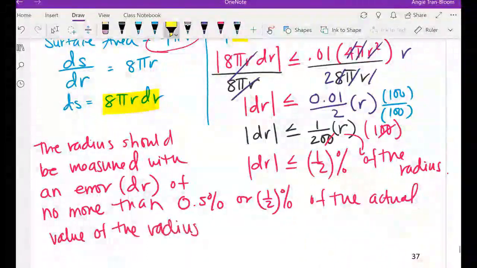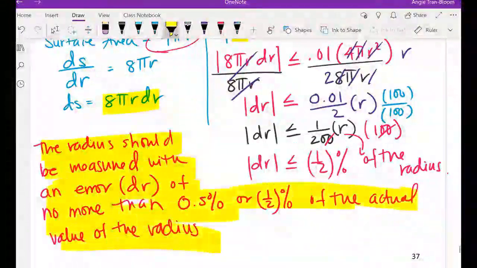Okay. And you can probably write a better interpretation than that, but that's pretty much what it's about.